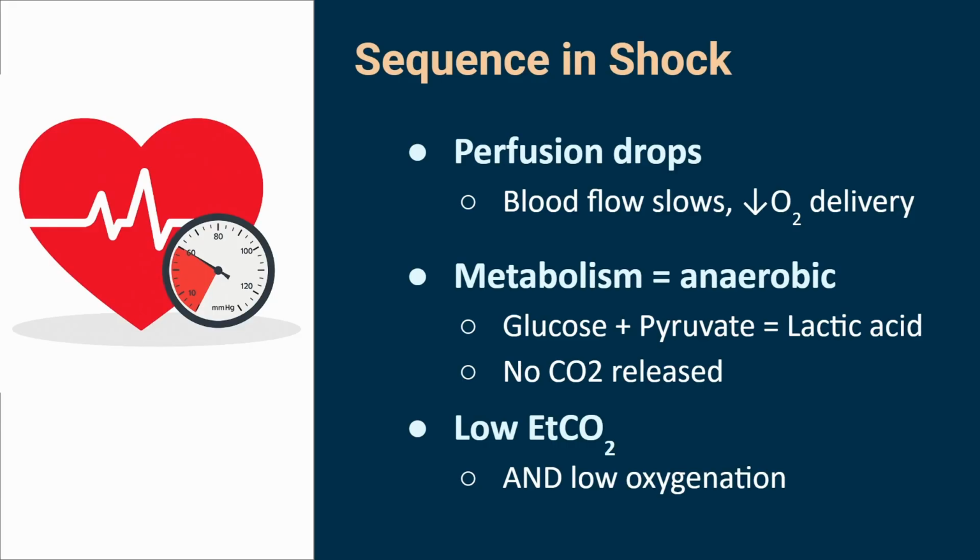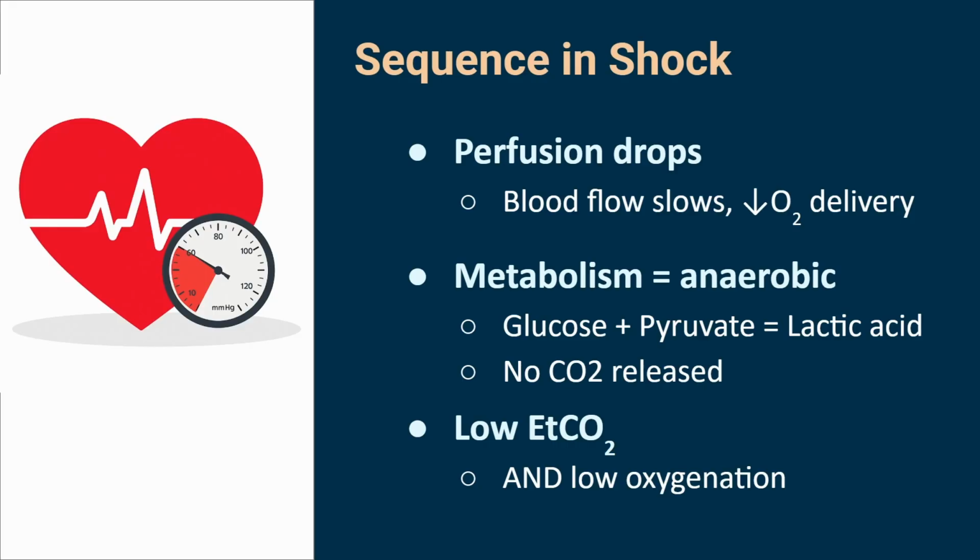In shock specifically, let's take hemorrhagic shock. Your perfusion is going to drop. Your blood will slow, and that's going to slow the delivery of O2. Because your cells are getting less oxygen, they are moving from aerobic to anaerobic metabolism.